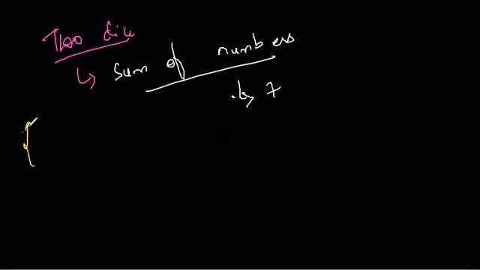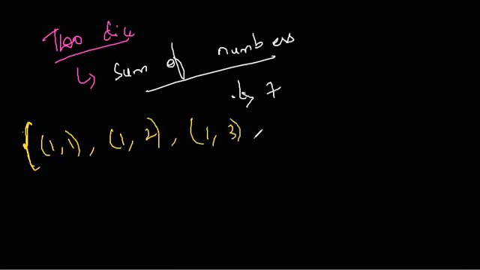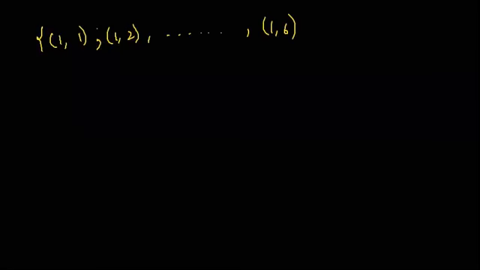So we will have, why am I writing a set? Because this is your entire sample space. You will have 1,1 on both dice, or you may have 1 on one die and 2 on the other, 1,3, and this way till 1,6. The next case will be where you get 2 on the first die, similarly 2,1, 2,2, and this continues till 6.